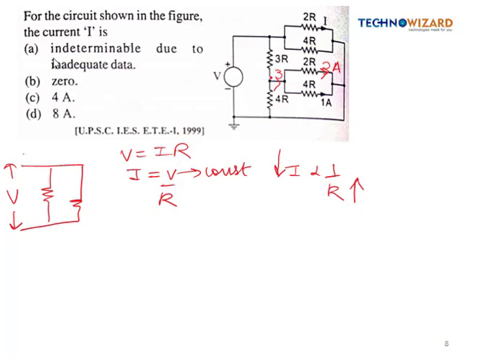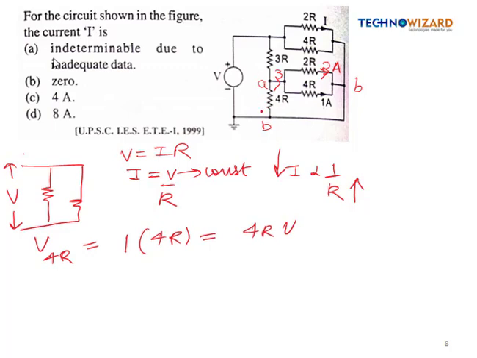And this 4R and this 4R, they both are connected in parallel. Suppose this is point A and this is point B, then this point will also be point B because no voltage drop is there, so they both are connected in parallel. Now the voltage drop across the 4R resistance: the current flowing through 4R is 1 ampere and the resistance is 4R, so here the drop is 4R volt.